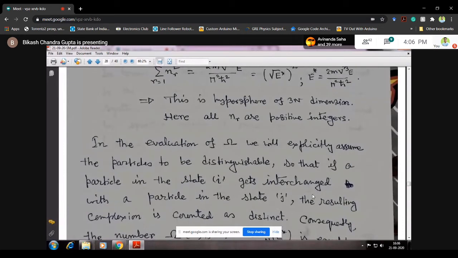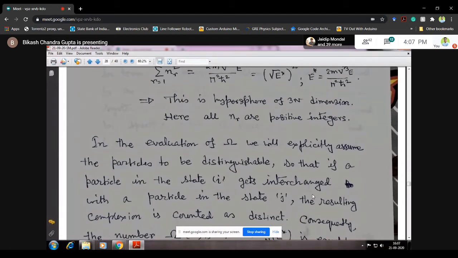Now you see that you have the energy E. If I said you can have any energy between 0 to E, I am talking in a different sense. If the particle could have energy anywhere between 0 and epsilon, then all energies of nx square plus ny square plus nz square will not be allowed.